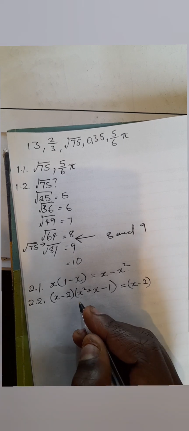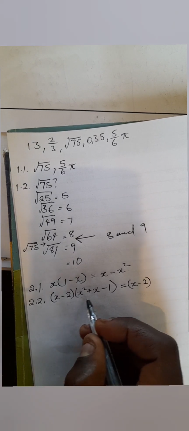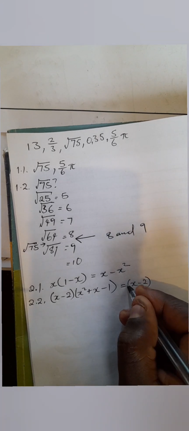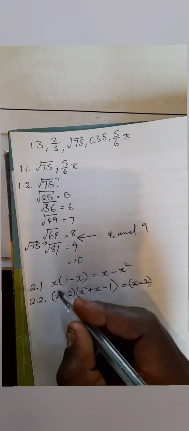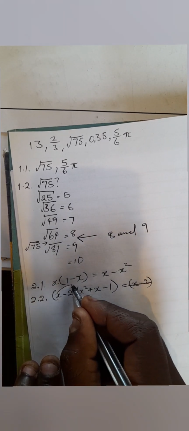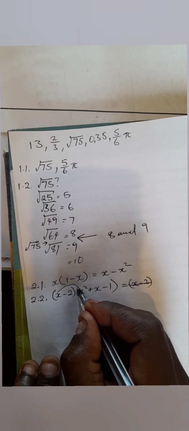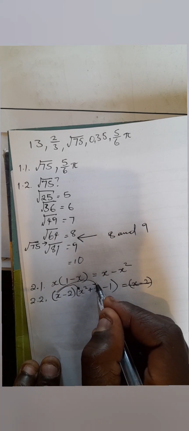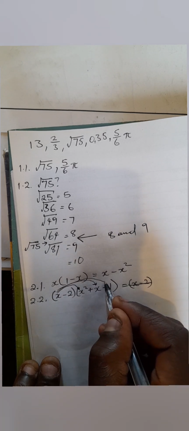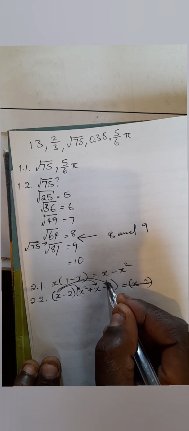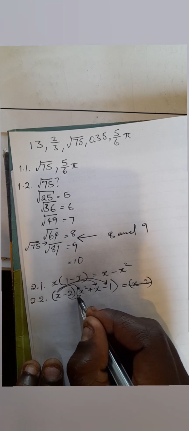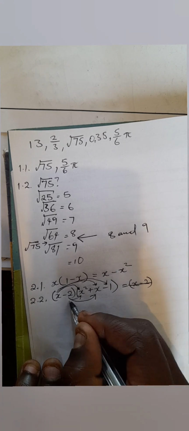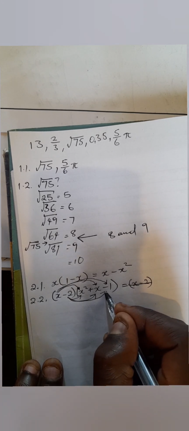We would have to use the quadratic formula, so I suggest I just follow the FOIL method. Remember this method? x times x squared, x times x, x times minus 1, and the same for minus 2.